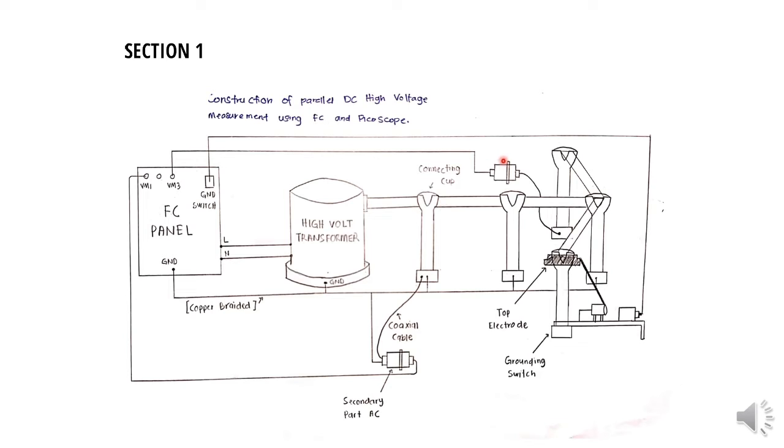Then we have the 2 secondary parts, one for the AC and another for the DC. For the AC, as you all know, the rated measurement is 2 microfarad. For the DC secondary part, the rated value is 14 kilo ohm.